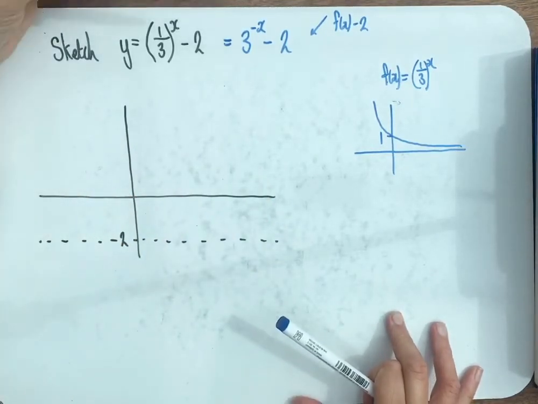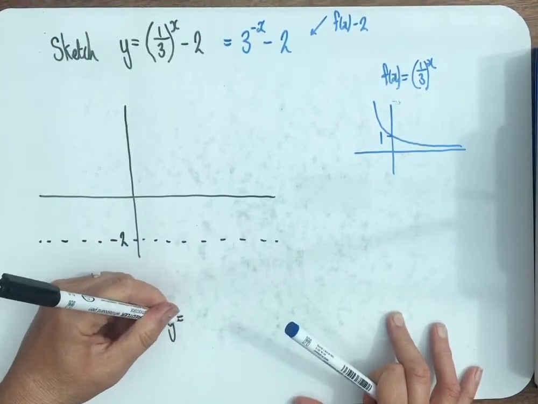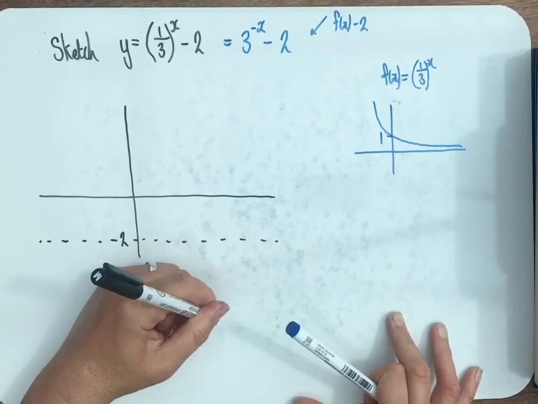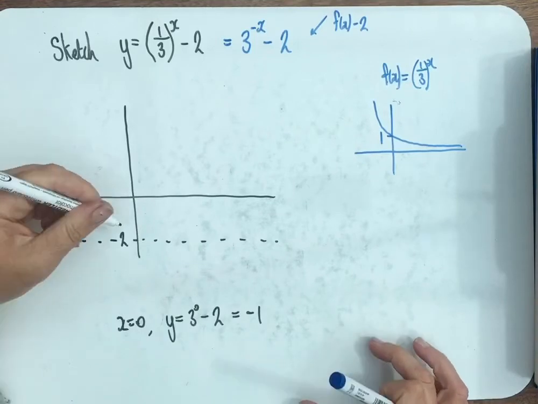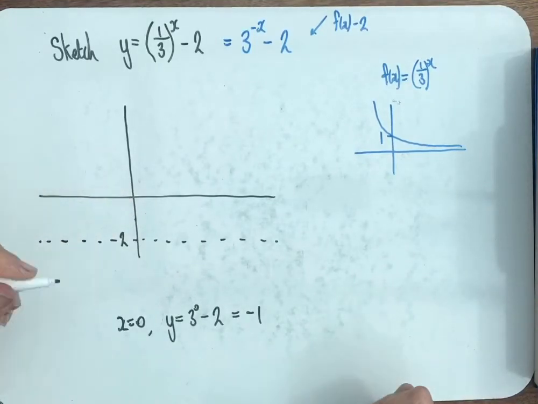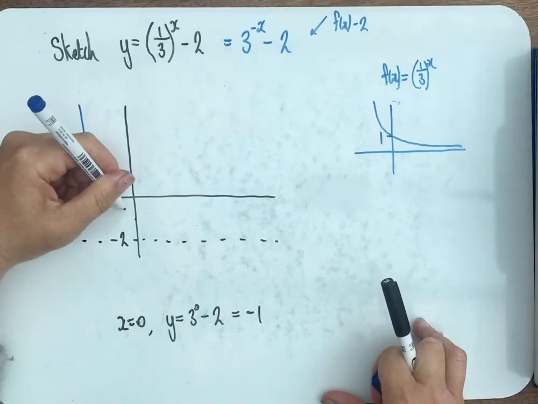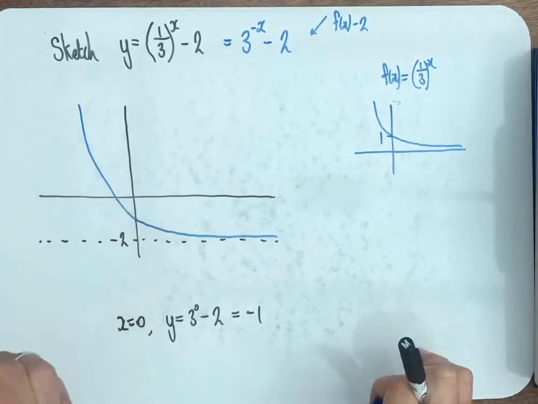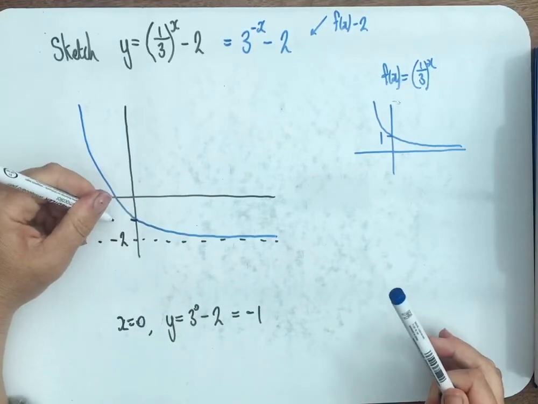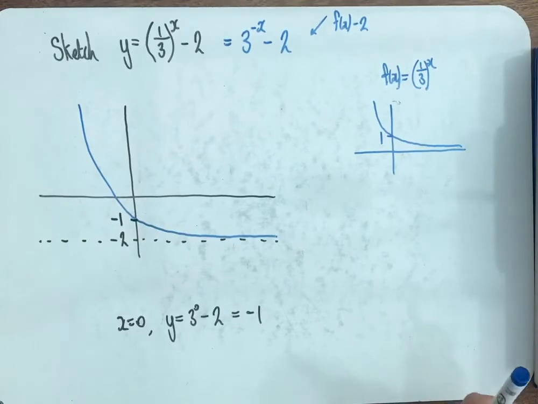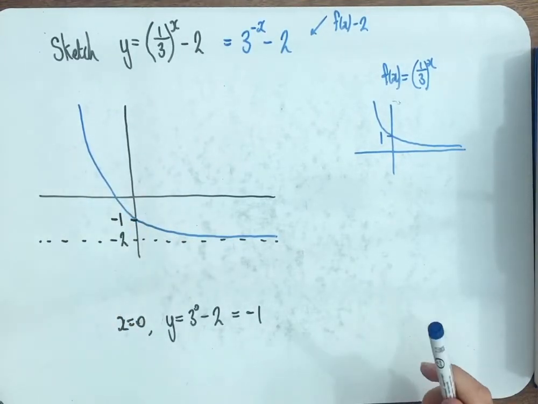When x is 0, y is equal to 3 to the power 0 minus 2, which is 1 minus 2, which is minus 1. It's kind of what you're expecting. So it's going to go through minus 1, and it's exponential decay. So it's coming down onto the asymptote, like so. So same thing, asymptote, shape, y-axis intercept.